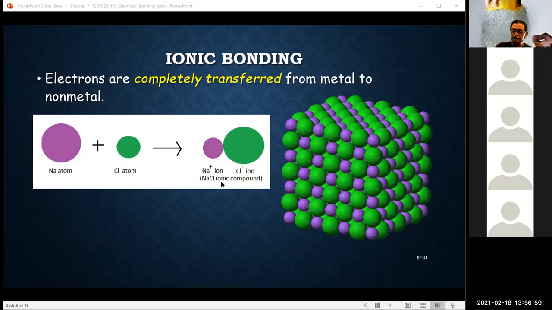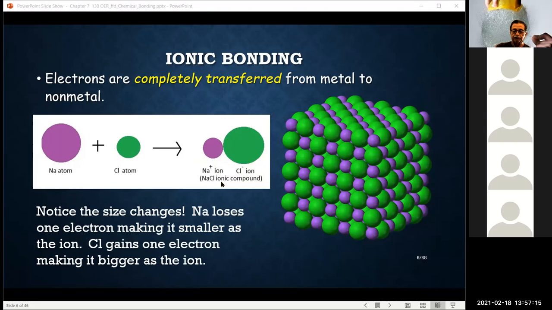In essence, as a general trend, metals on becoming cations decrease in diameter. Non-metals on becoming anions increase their diameter or radius, if you will. Radius or diameter, same thing. Do notice that size changes.